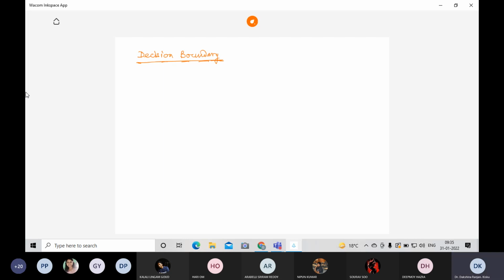So we can define a decision boundary, and on one side of it we can have positive or negative data points, and on the other side we can have positive or negative data points according to the decision boundary that we define.